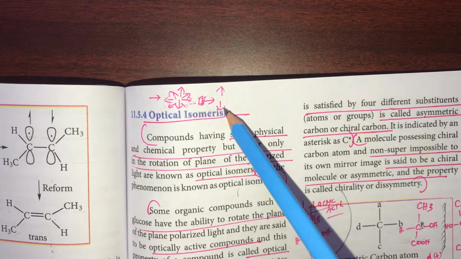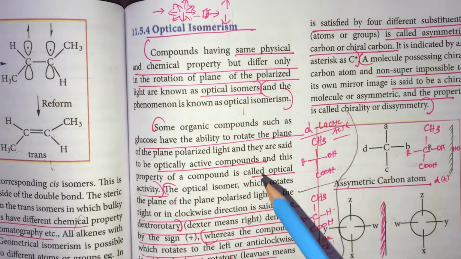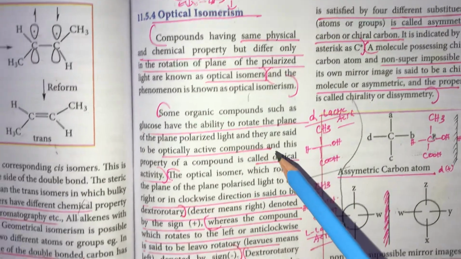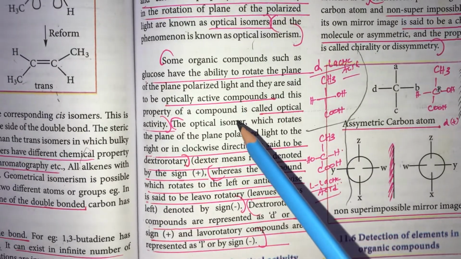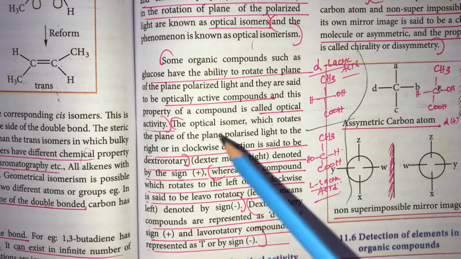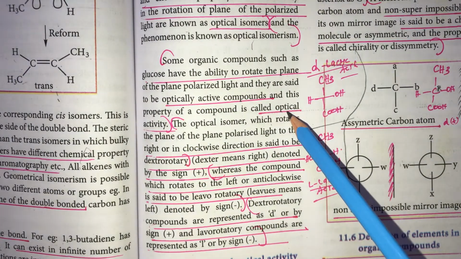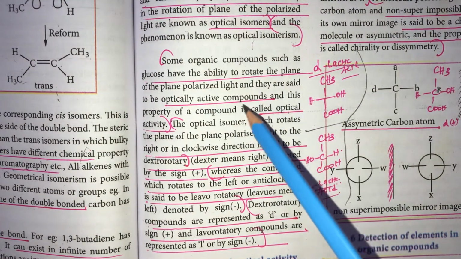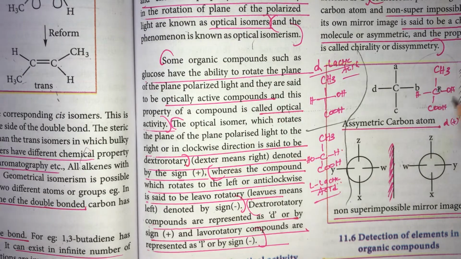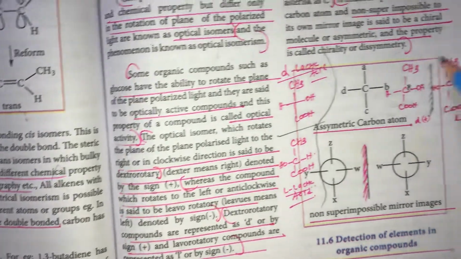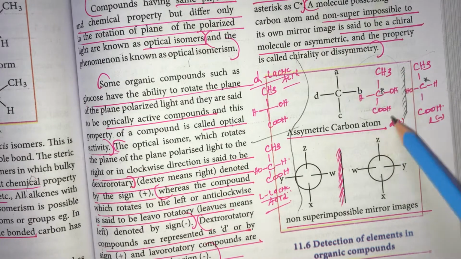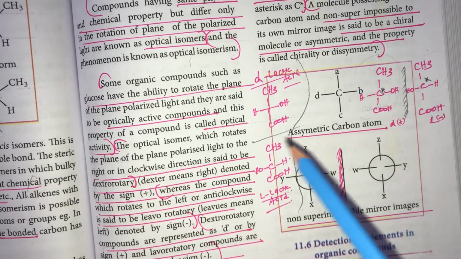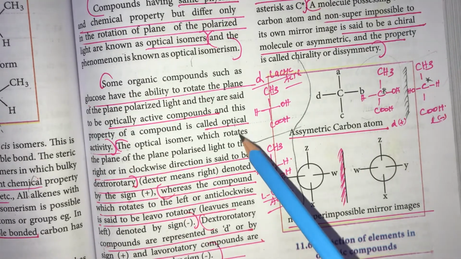There are certain organic compounds which possess the property of rotating plane polarized light either in a clockwise or anti-clockwise direction. That property is called optical activity.